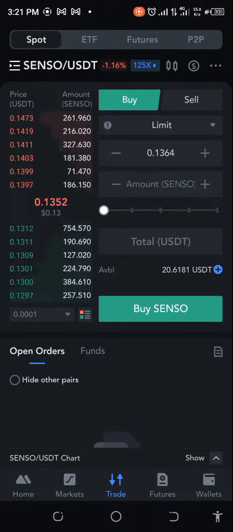I know a lot of people would like to do this trade with market order. Yes, you can go ahead and try it out. If you have a big capital, why not? If you have enough capital that can absorb the little rough edges that market order will give you, fine. But when you have a smaller capital, you need to do it by limit, because then you will be able to speculate. You'll be able to predict what your outcomes would be, just like I just showed you here.